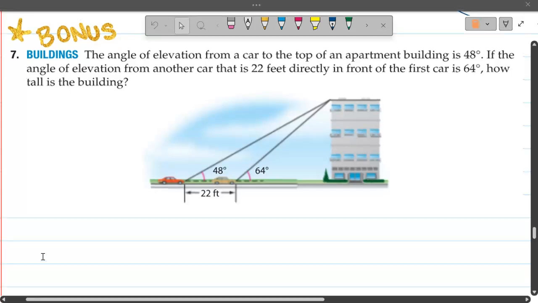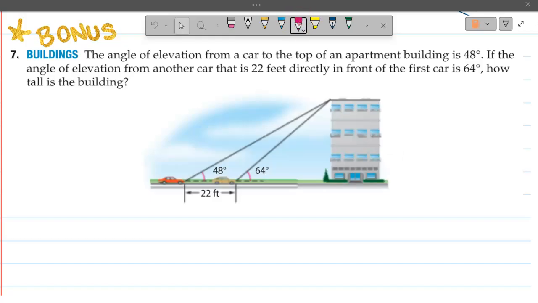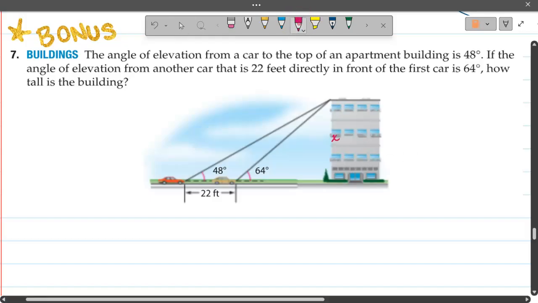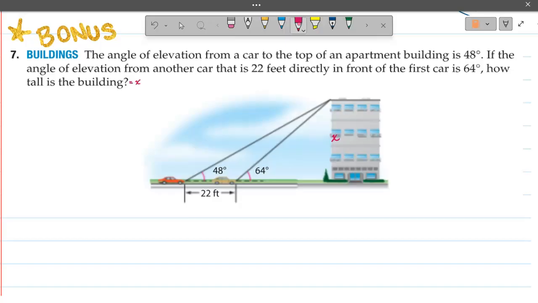So looking at this picture, they're asking us to find the height of the building, which we'll call X. How tall is the building? We have two right triangles. We have this small right triangle here with a 64-degree angle.